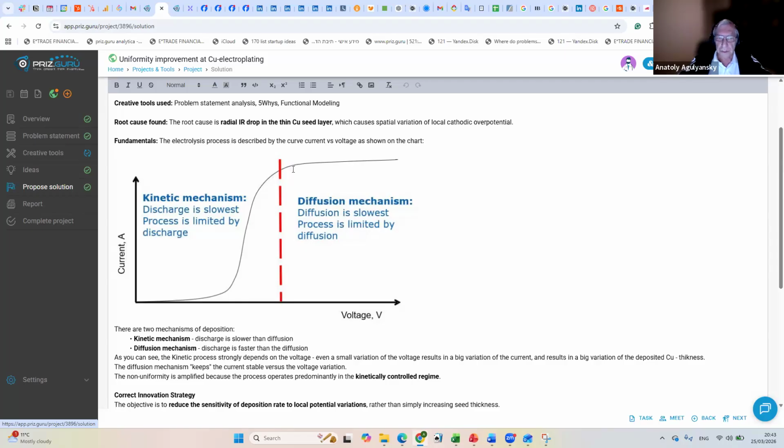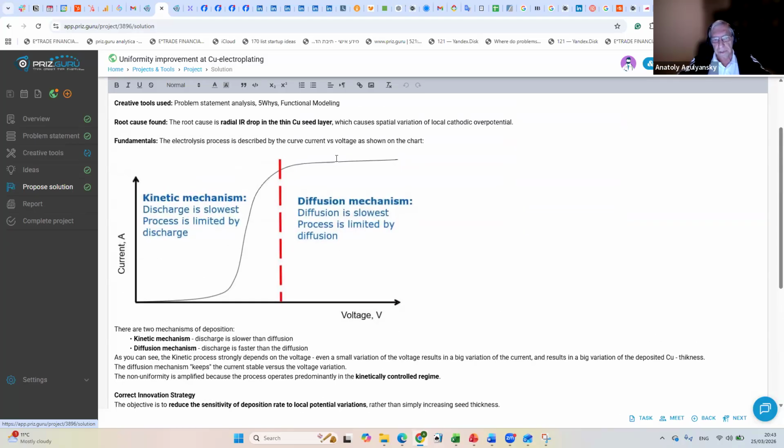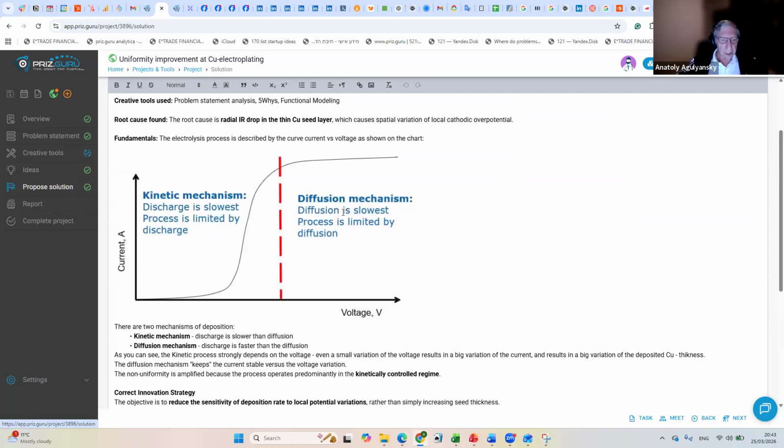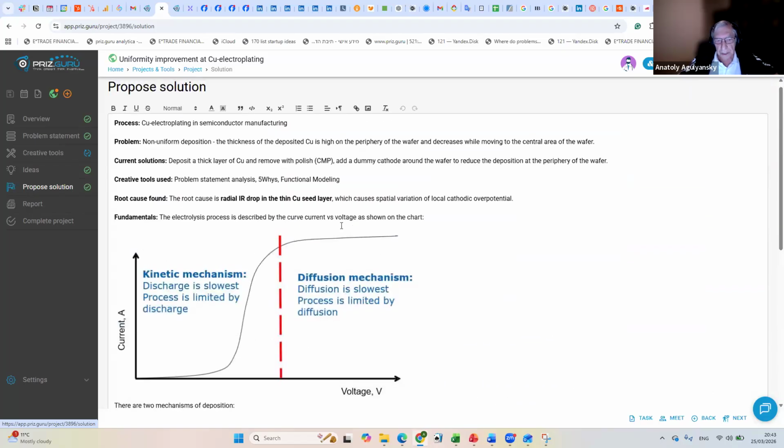So if we make electrolysis here, we will have a uniform layer, because there is no dependence of current on voltage. But of course, in the galvanostatic regime, we cannot be here. We should switch into potentiostatic regime and just keep voltage here.